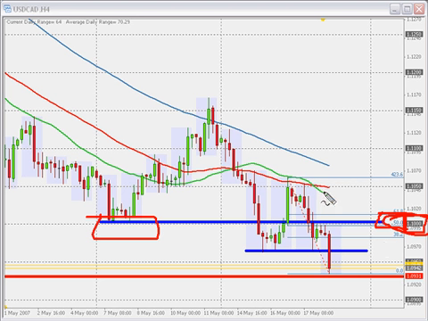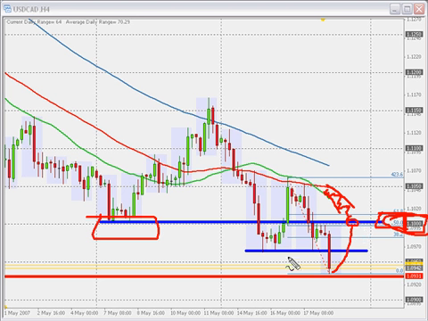And if we project the moving averages, we can see that if we get a retrace down here, we would probably have what I call the dynamic area of resistance coming down to this level too. So there's a number of elements working together as resistance. It would be a nice area to short the Canadian dollar from.